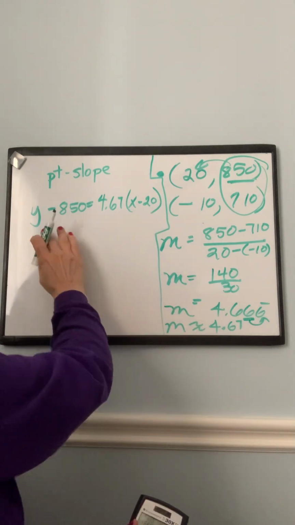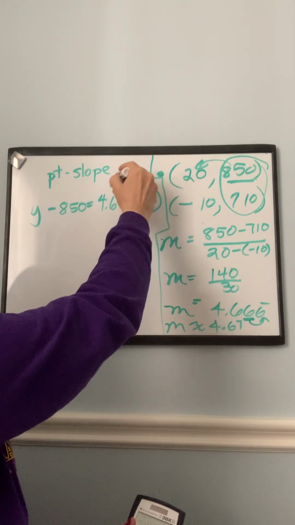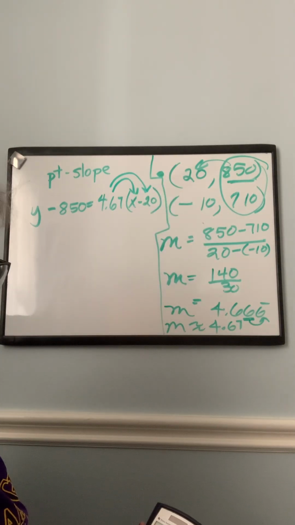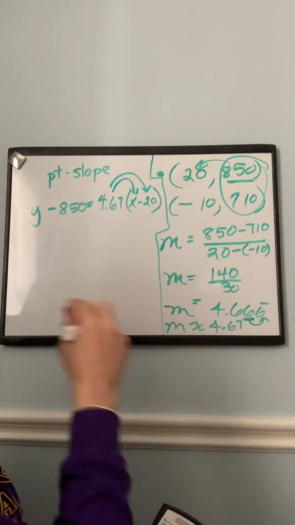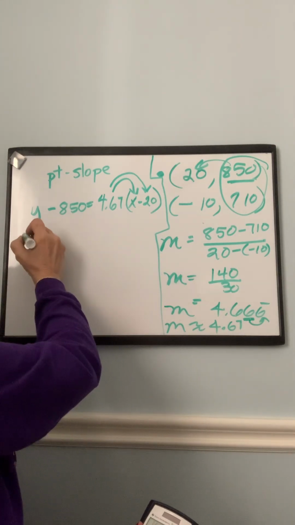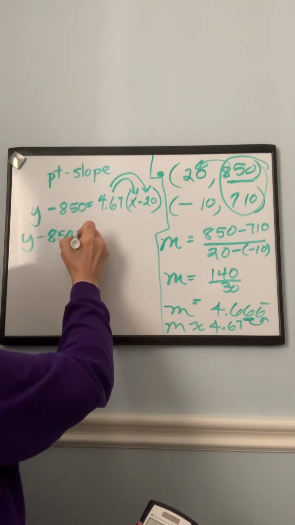So here, I want to simplify this, and to do so, I have to use the distributive property by taking what's on the outside and multiplying it times each term on the inside. And when I do this, I just want to make sure that I keep up with everything, all signs, that sort of thing.